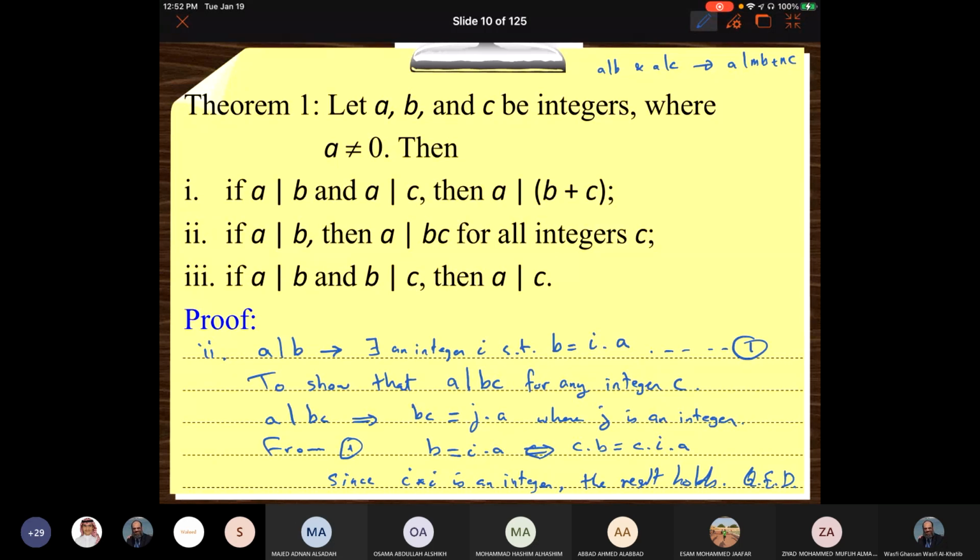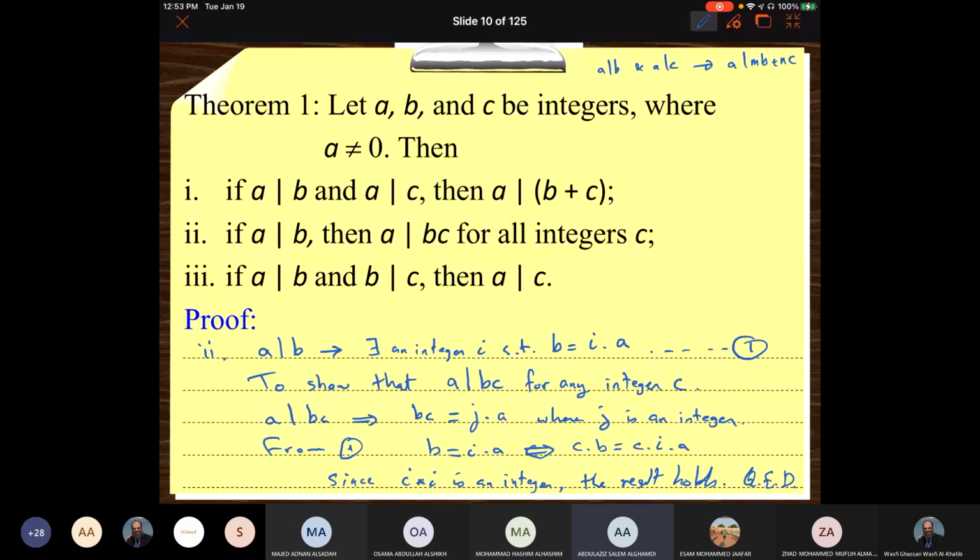We have that M and N are all integers, right? Yes, we are given that M and N are integers. Since theorem 2 says that if A divides B, then A divides BC, it's the same with any other integer. Exactly, C and anything. Very good. And so from number two, if A divides B, then A divides MB. Right? Yes. Okay, next.